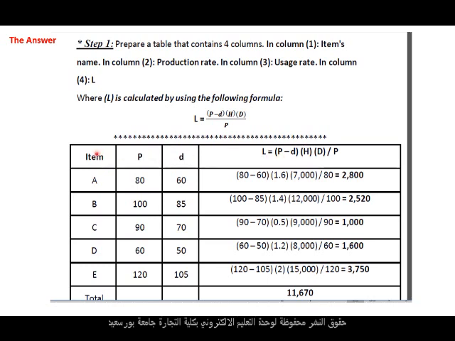As you can see, the first one for item, the second one for production P, the third for demand per day D, and the last one for L, and we can calculate L based on this equation: L equals P minus P times H times D all over B. You can apply this equation to get these numbers, and the summation of the last column will be equal to 11,670.